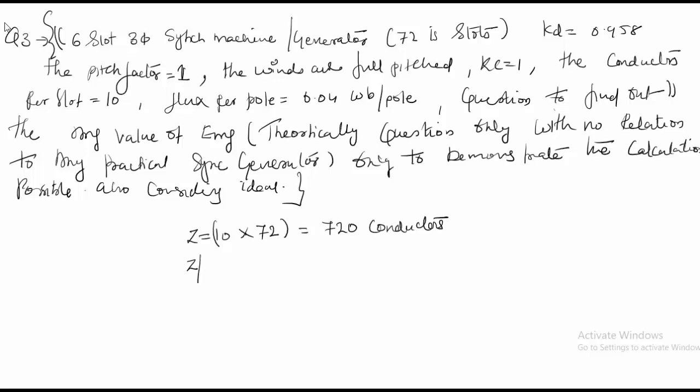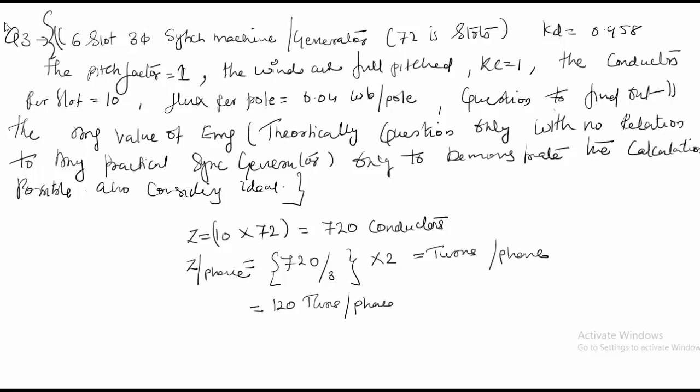Now if you want to calculate Z per phase, then it will be 720 divided by 3 into 2, which will give you your turns per phase, close to 120 turns per phase, which is my T. And my equation for the EMF RMS per phase is equal to 4.44 into F into phi into T into KD into KW or KP, the pitch factor.